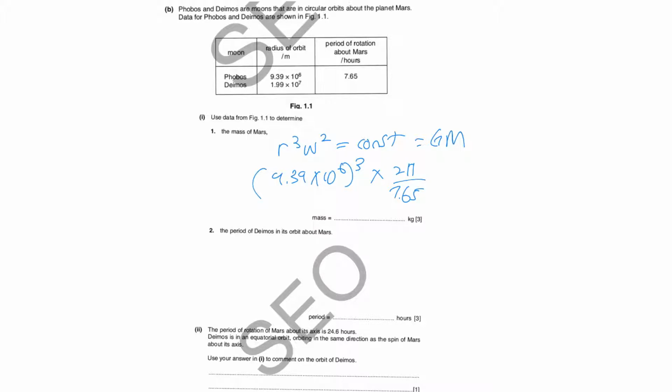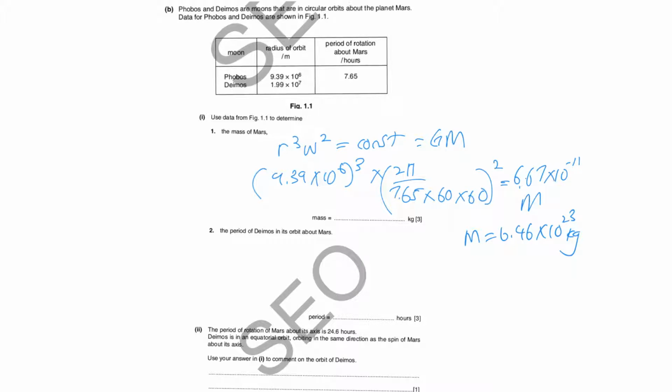Now for this one, you have to convert it to seconds, because the mass is in SI, so you have to convert everything to SI. So G is 6.67 times 10 to the power negative 11, times the mass of Mars. Then you should be able to get the mass of Mars, which will be M equals to 6.46 times 10 to the power of 23 kg.